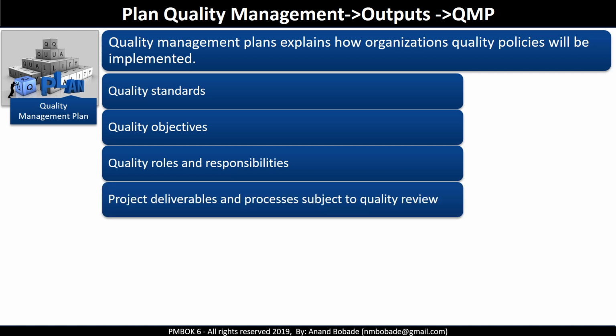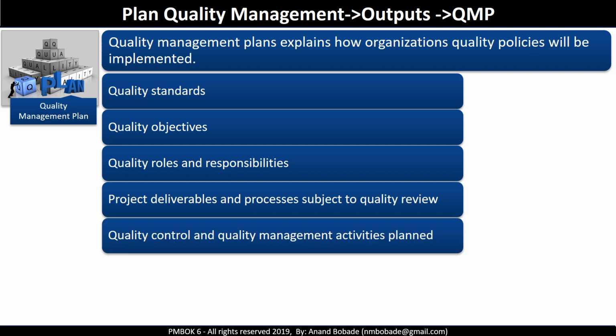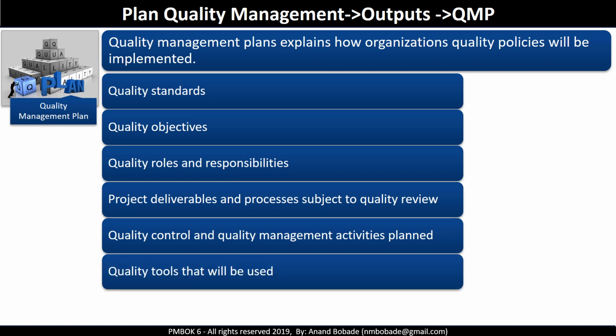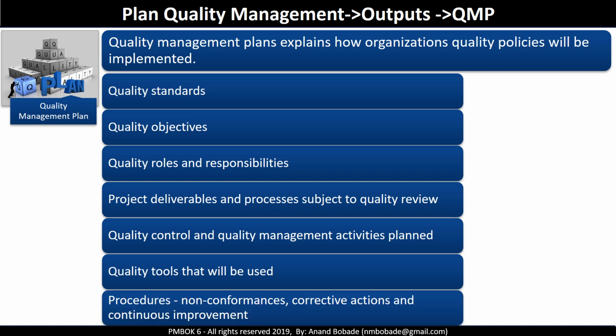Project deliverables subject to quality control, project processes subject to quality control. The quality control and quality management activities planned for the project, quality tools to be used on the project, and finally, procedures for dealing with non-conformance such as defect repair and corrective actions, as well as procedures for continuous improvement. So all this information will be a part of your quality management plan.